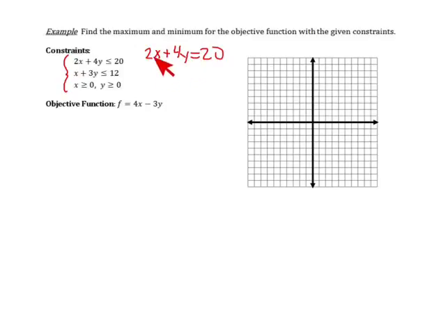If x is 0, then we're just going to have 4y equals 20, so y is going to be equal to 5. And so let's graph this, go by ones here. 1, 2, 3, 4, 5. We get a point here. And when y is 0, x is 10. So we can find that point out here.